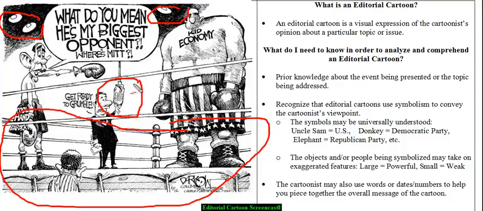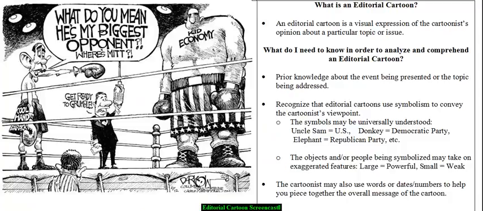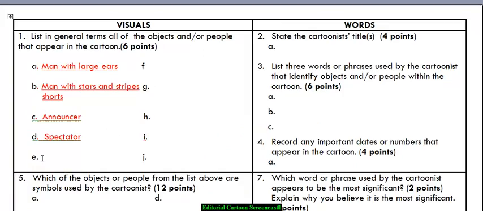So you have a microphone, you have lights, you have a ring. So head back to our analysis worksheet. And there we have the microphone. We have the ring. And we have lights.